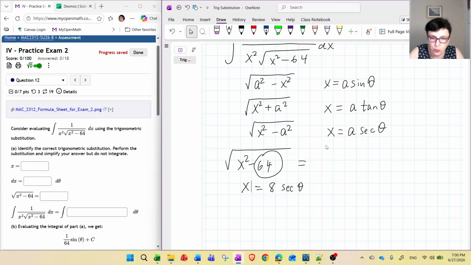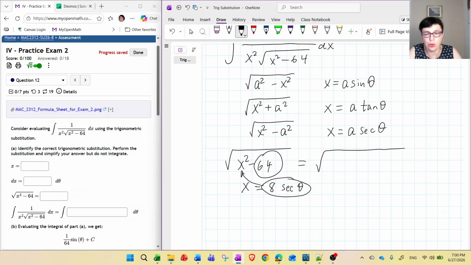What happens when we substitute 8 secant theta for x? So we take this guy and we plug it in for x. Now it is going to be squared. When you square 8 secant theta, you have to square each part. Don't forget that. So you're not just squaring secant, but you're also squaring 8. So this is going to become 64 secant squared theta, and then minus 64.